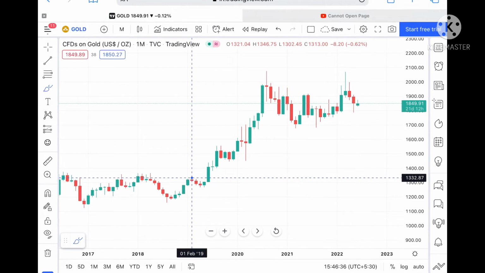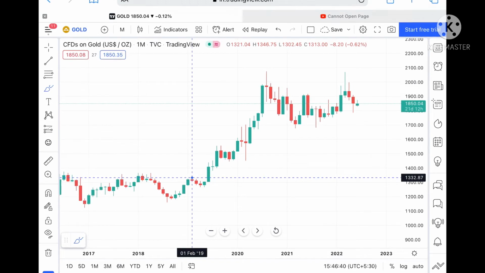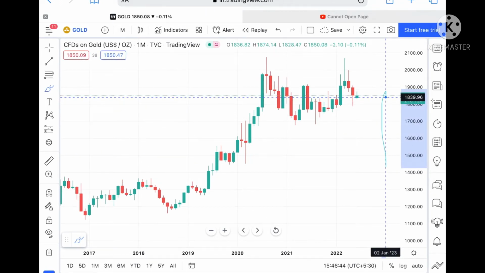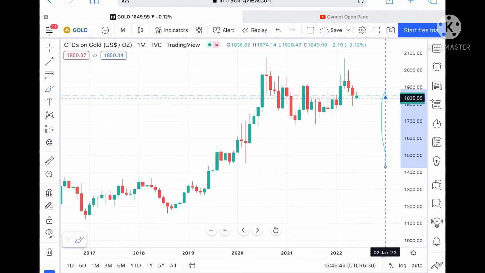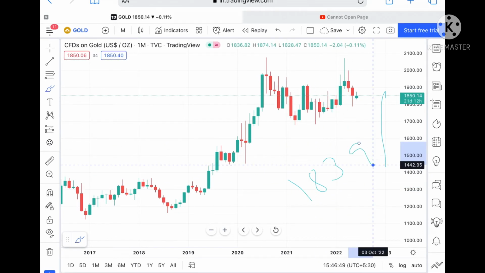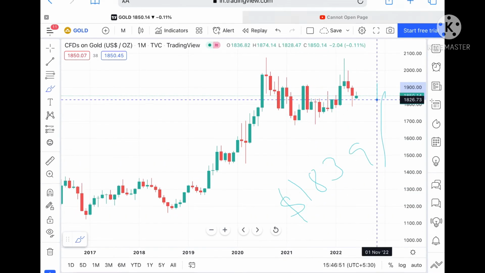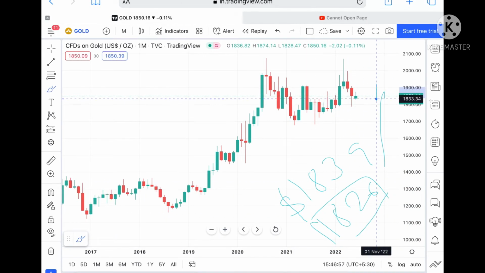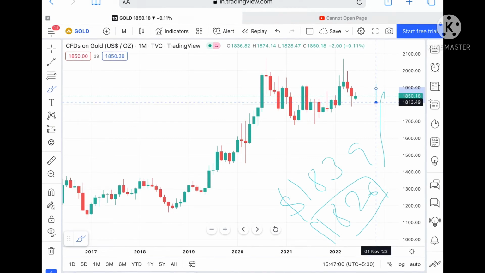Now if you look at the price, suppose this level didn't sustain, we can see it can come down to a level of 1839. And once this level doesn't sustain, it can come down again to a level of 1826. And once this 1826 also doesn't sustain, then there will be a probability of touching 1813.